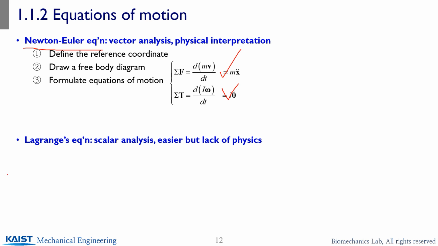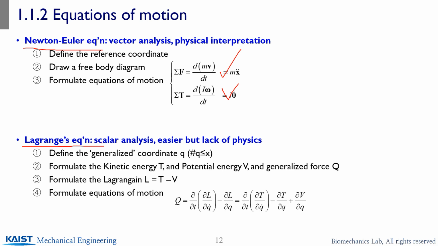Another way is to use Lagrange's equations. It is different compared to the Newton-Euler methods. The difference is it's a scalar analysis. The details will be explained in a later session, but I'm going to briefly go over the steps. First, you should generalize the coordinates.